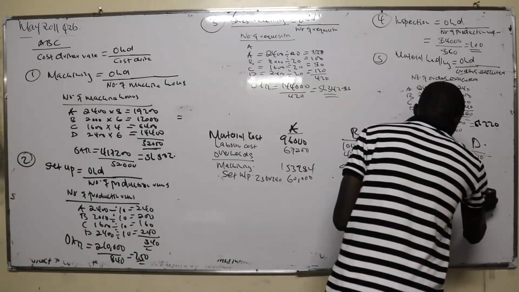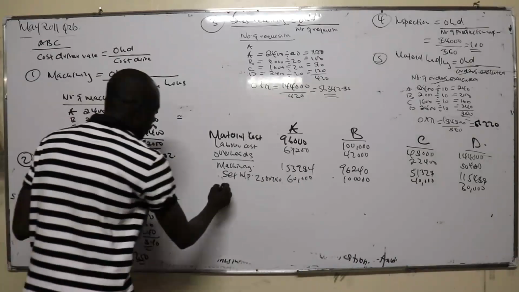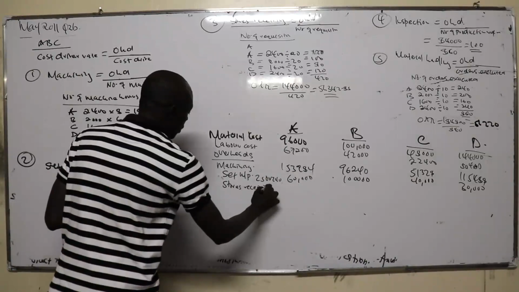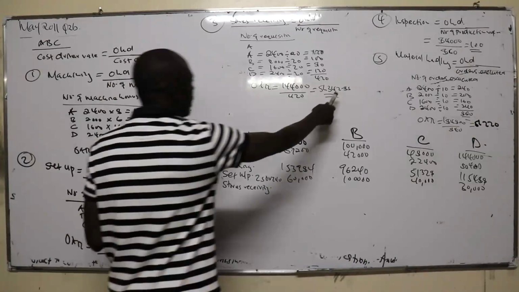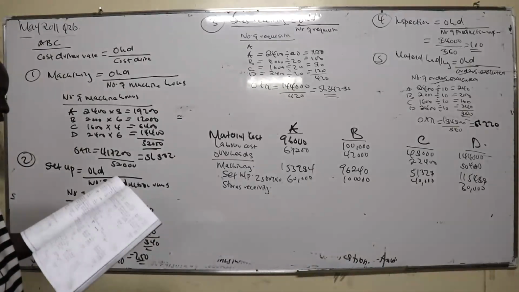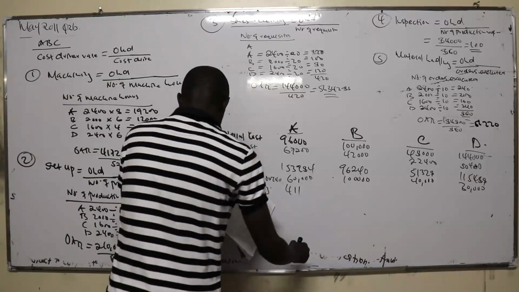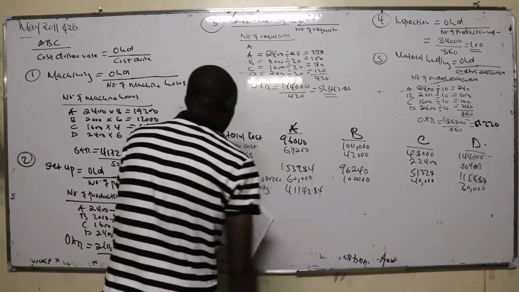And then the next one is stores receiving. For stores receiving, we are going to multiply this value here, 342.85, times 120. This is going to give us 41,142.84.